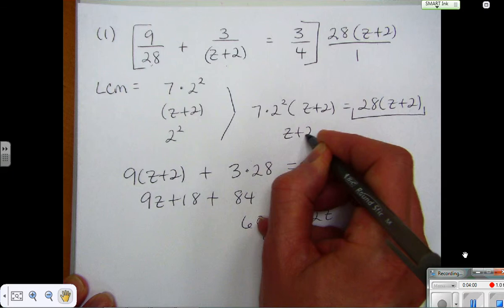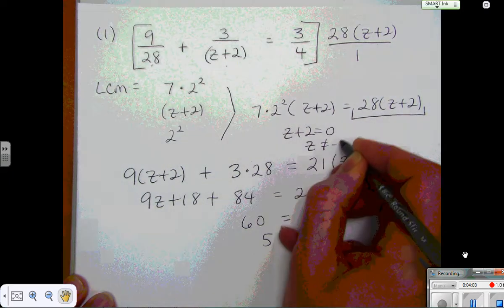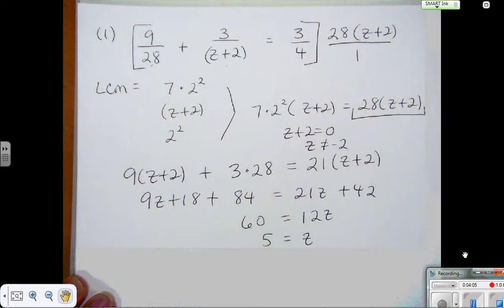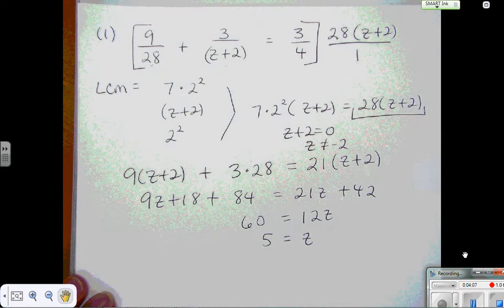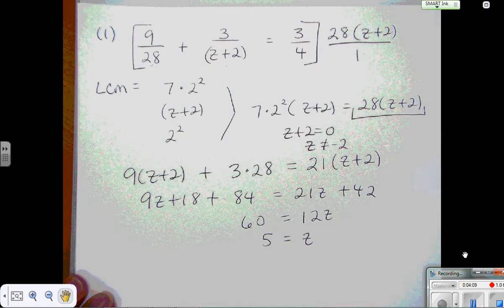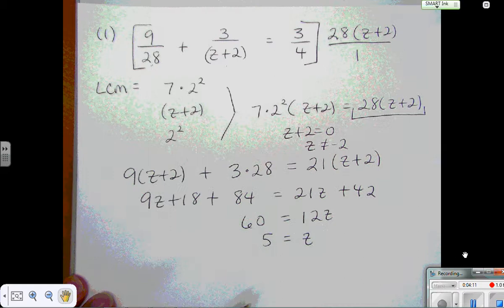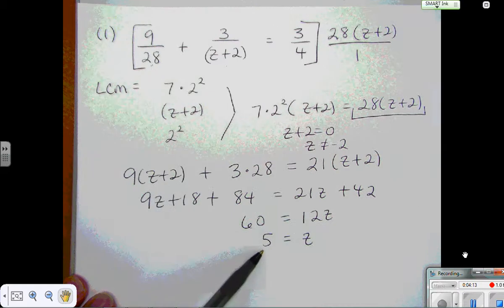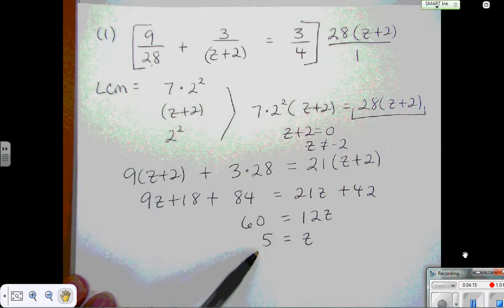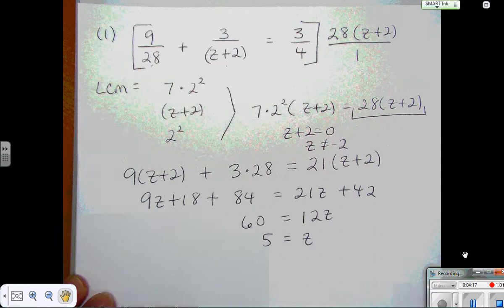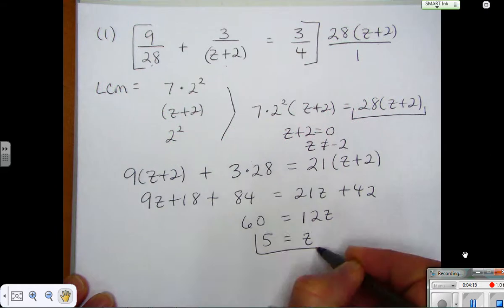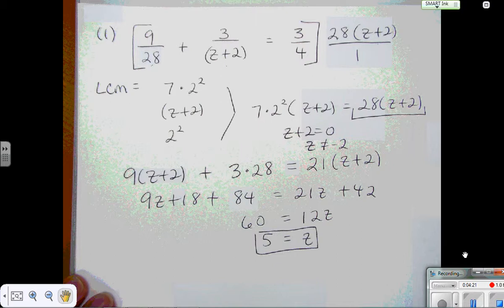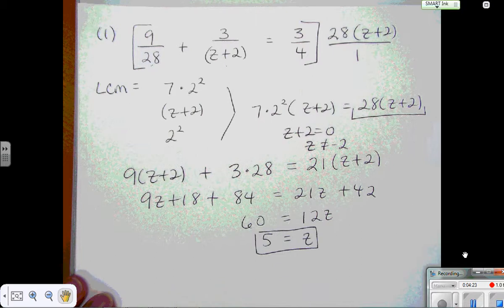Set that equal to 0, and z cannot equal negative 2. If z equals negative 2, then you're going to have a 0 in the denominator. So if you have an answer of z equals negative 2, you wouldn't be able to use it, is what that's saying. But this is z equals 5, so that's going to be a good answer. Okay, any questions?